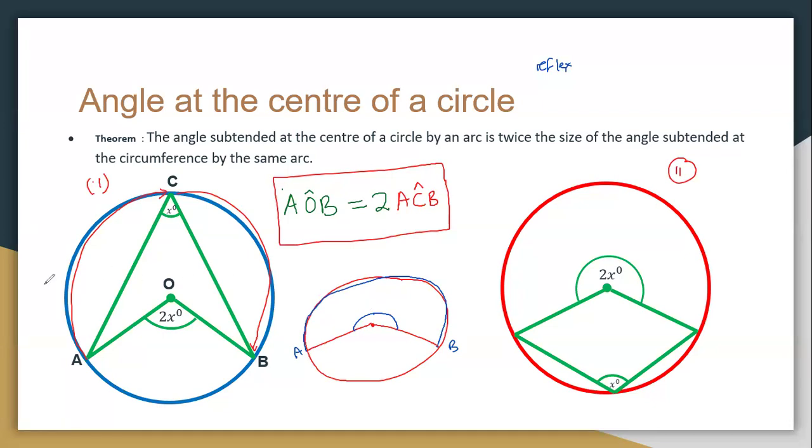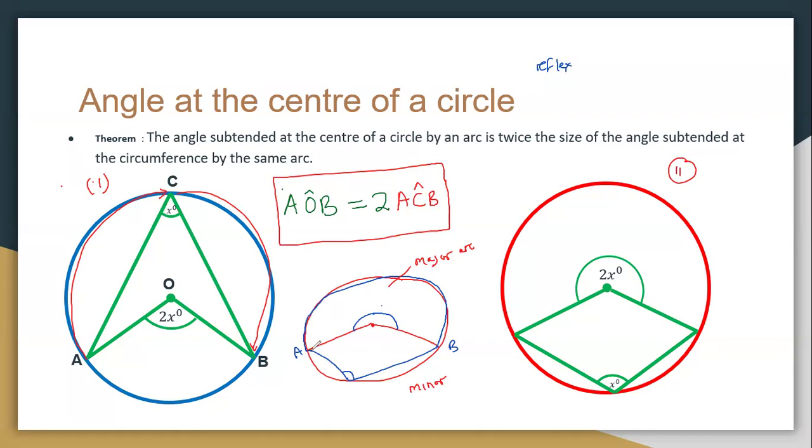So any angle that is going to be formed on the opposite side, this is the major arc. Any angle that is formed on the minor arc is always going to be half the angle at the center. If I join from here, this is A, I join to B and draw a line from B, the angle I form here is always half.